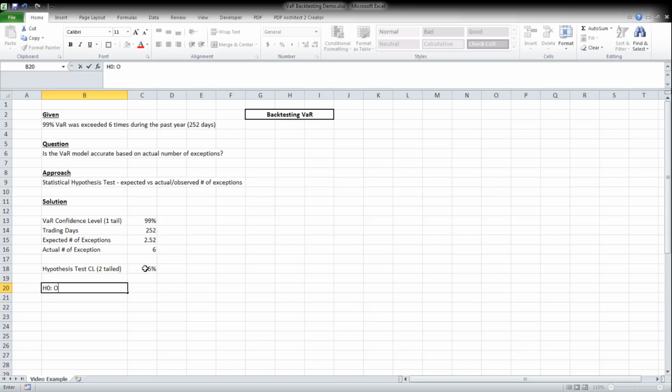So the observed number of exceptions is not significantly different from the expected number of exceptions. Remember, we're comparing expected with the actual. In this case, our model would pass backtesting.